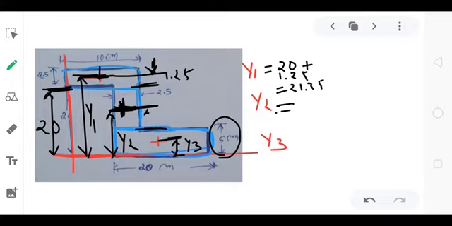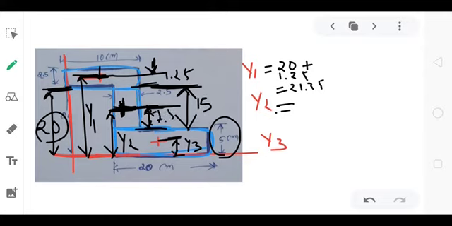Now we have to find only this height, which is found by calculating this distance, because it will be at the midpoint. The total height is 20 and this height is 5, so this will be 15, and half of 15 is 7.5.